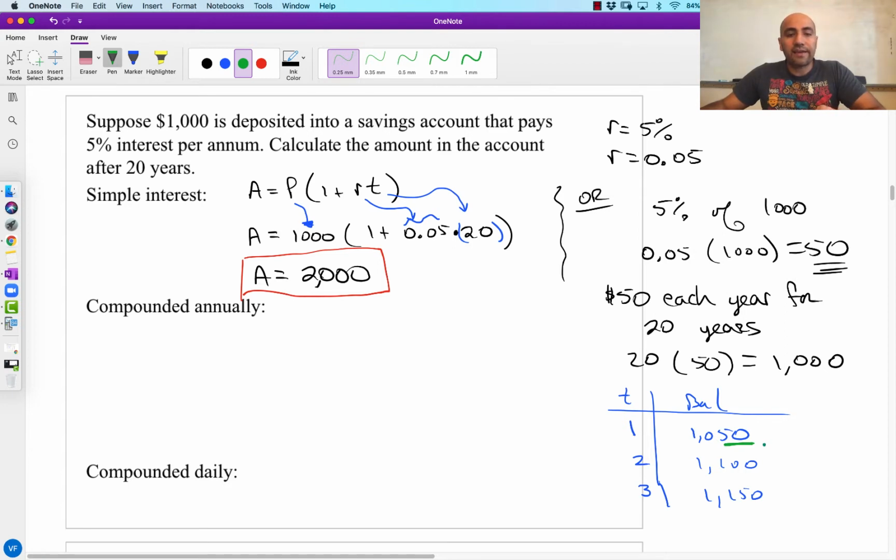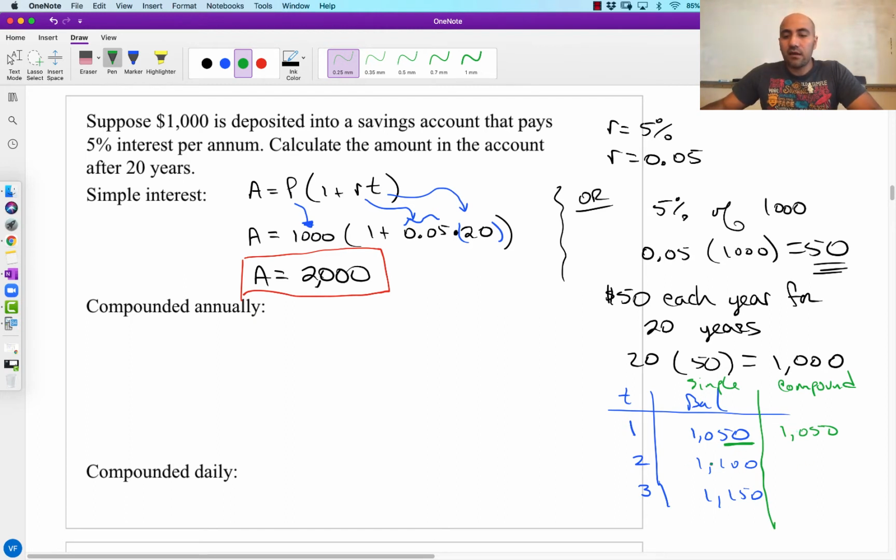So you're going to earn a little bit more interest, an extra 5% on the $50, which is an extra 50 cents. So with compound interest, at the end of 1 year, you'll still have the same amount, $1,050, because you earned $50 from that first year, and you're only compounding annually.